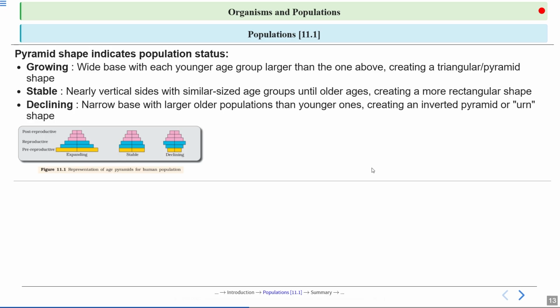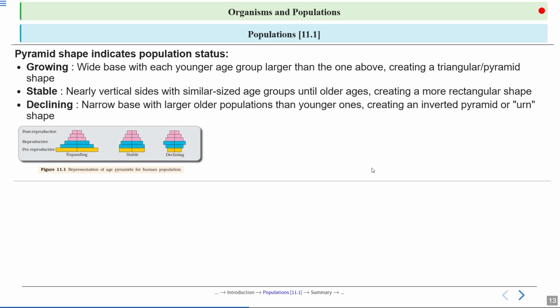Then in a declining population, you have a narrow base with a larger older population than the younger ones, creating an inverted pyramid or urn shape. So in a declining population, the individuals in the pre-reproductive phase are fewer than in the reproductive and post-reproductive phases.